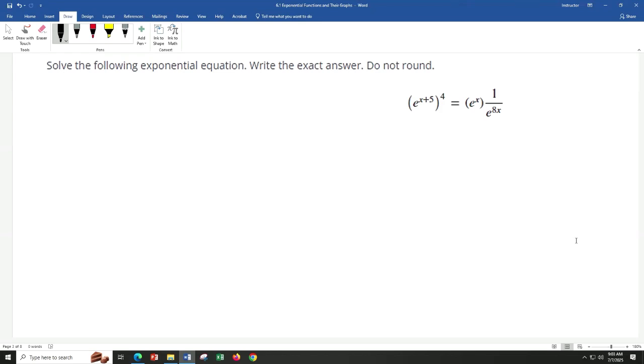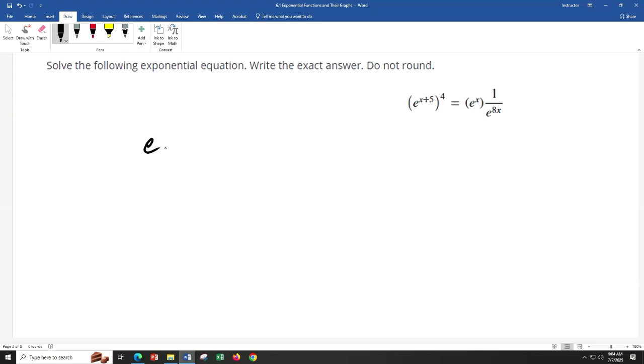But notice what we have here. We have one that we need to simplify. So let me kind of work this one out with you. First off, looking at the left-hand side, do I need to simplify anything? All I need to do is do what? Let's multiply the powers. Can we all agree with that? Just multiply x plus 5 times 4. Are you good with that part? So let's rewrite that.